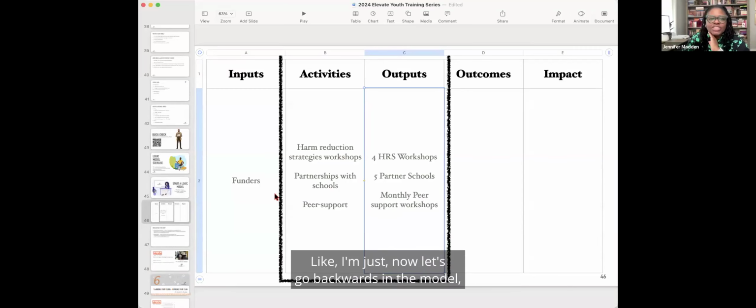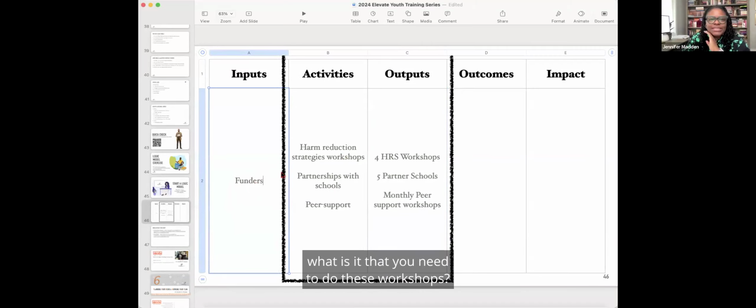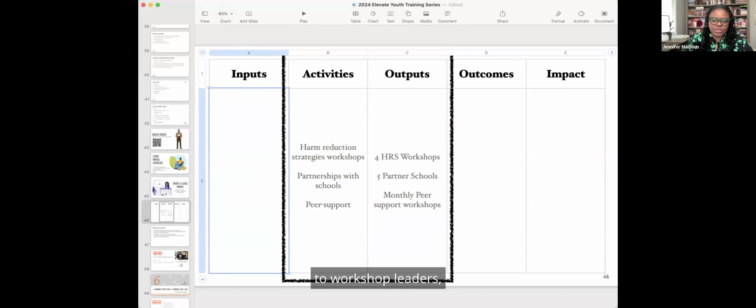Now let's go backwards in the model. What is it that you need to do these workshops? You might need people who are going to be workshop leaders. You might need curriculum.